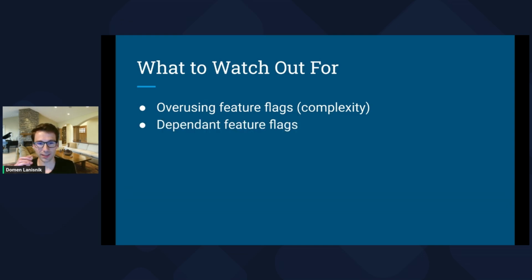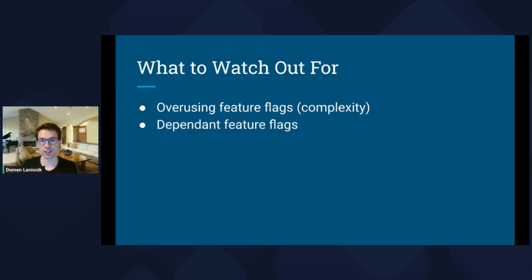Because you might also encounter situations where you have dependent feature flags, which means that one feature flag is dependent on another feature flag, kind of like nested if statements. And what makes it hard is that this adds additional complexity to the code, because there are more code paths that you need to read and also maintain.